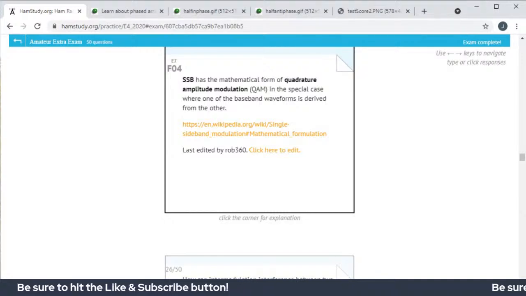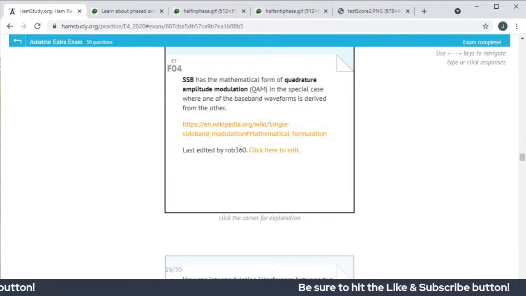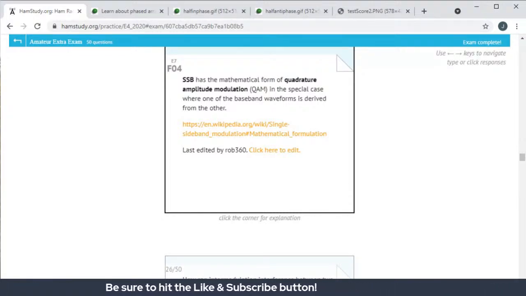SSB has a mathematical form of QAM in the special case where one of the baseband waveforms is derived from the other.